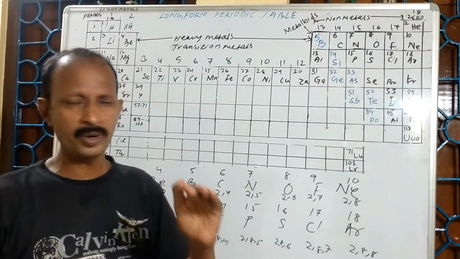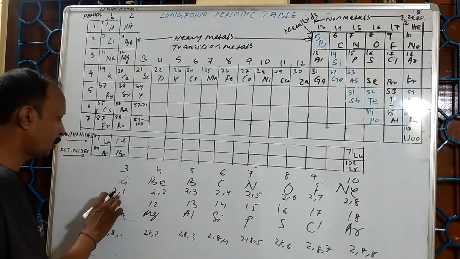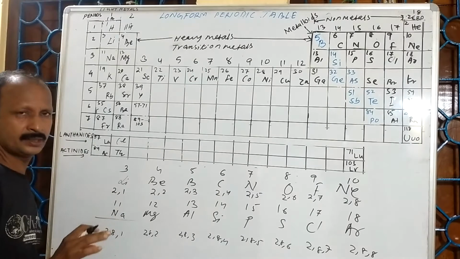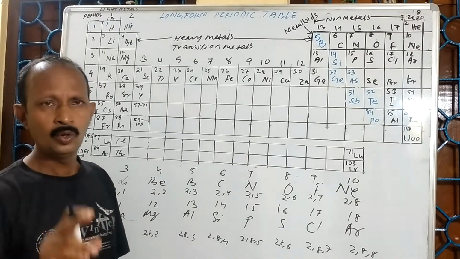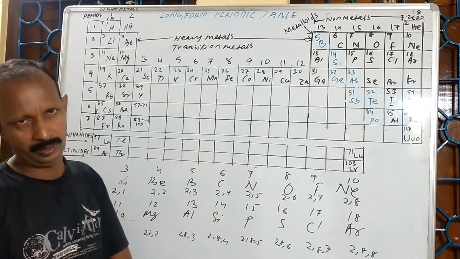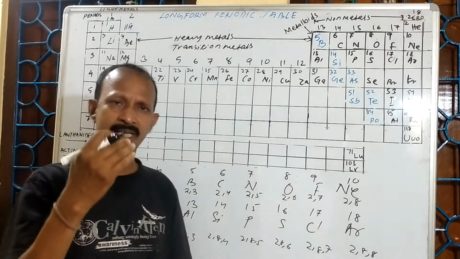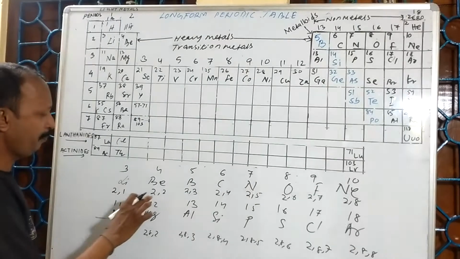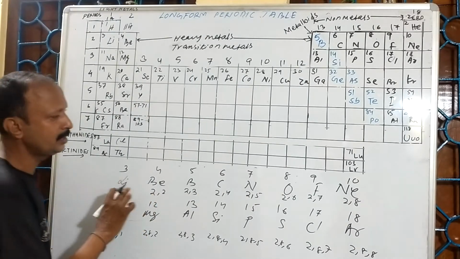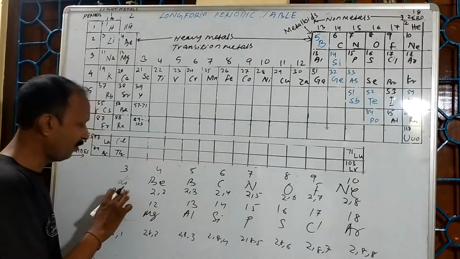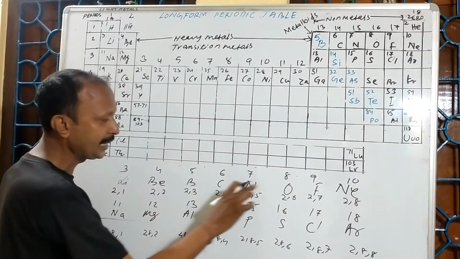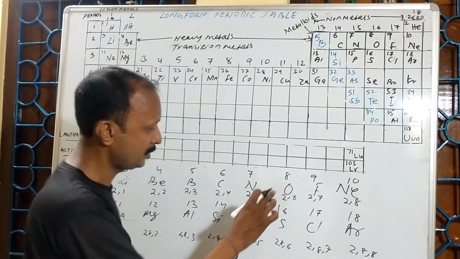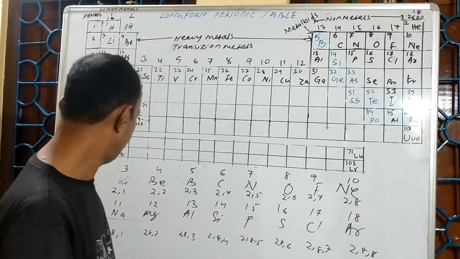See that? Here I started from lithium, whose atomic number is 3. So its electronic configuration is 2,1. That means it contains one valence electron, the electron present in its valence shell or outermost shell. If you move from lithium to neon, the number of valence electrons is increasing: 1, 2, 3, 4, 5, 6, 7, 8.